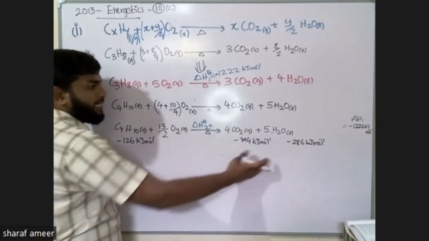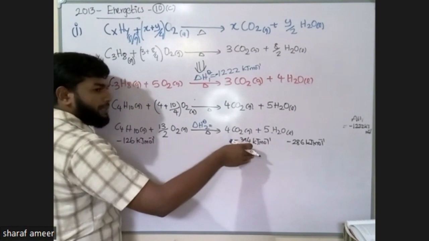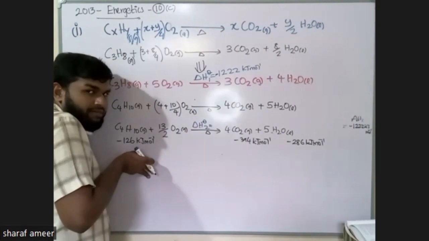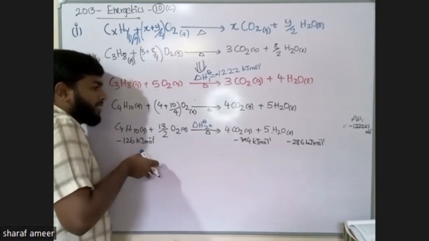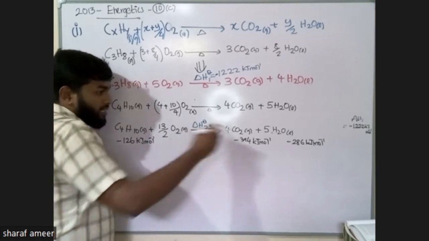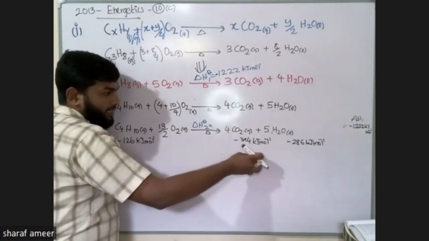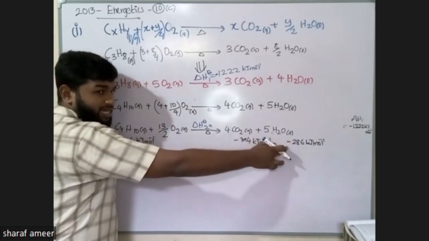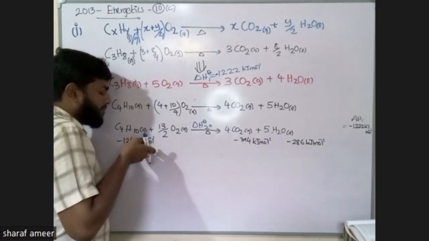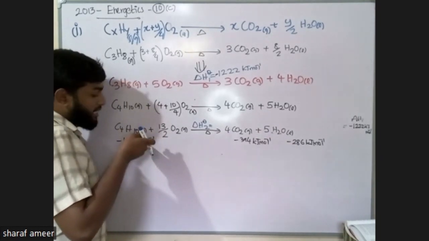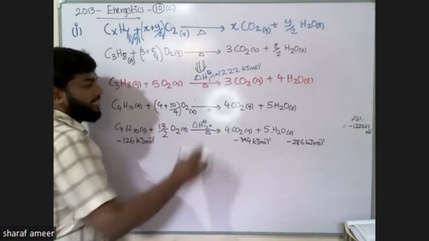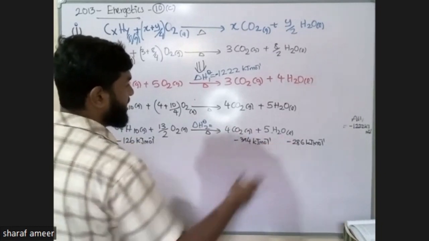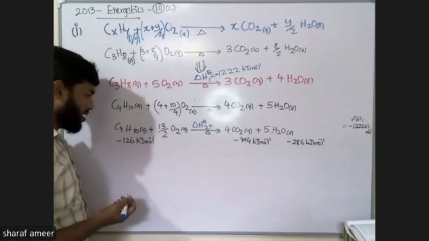If you subtract the summation of enthalpy changes of formation of reactants from the summation of enthalpy changes of formation of products, you can get the enthalpy change for the reaction here, because they have given all the formation enthalpies for water, carbon dioxide, and butane.